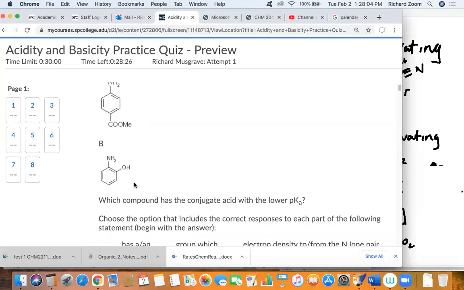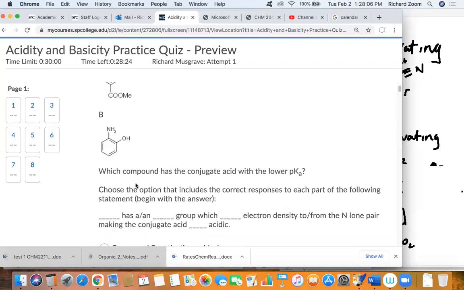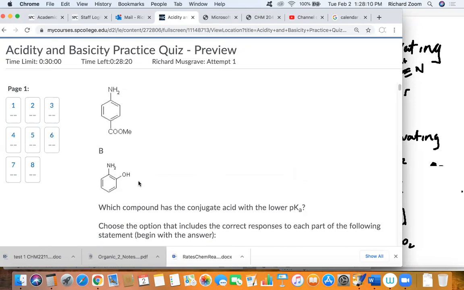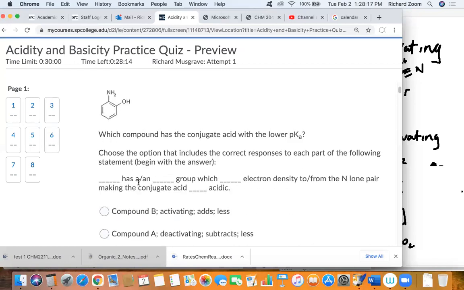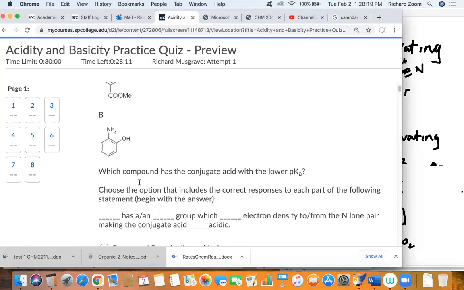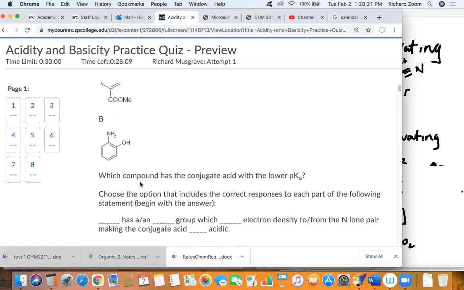Well, in this case, it's not even really asking about stabilizing anything. It's asking about what it's doing to the electron density from the N lone pair. Yeah, it's the stabilizing ones that I have the problem with. Right. Well, the stabilizing ones aren't really these, but you can still make the same kinds of predictions as we made in the previous ones with this.